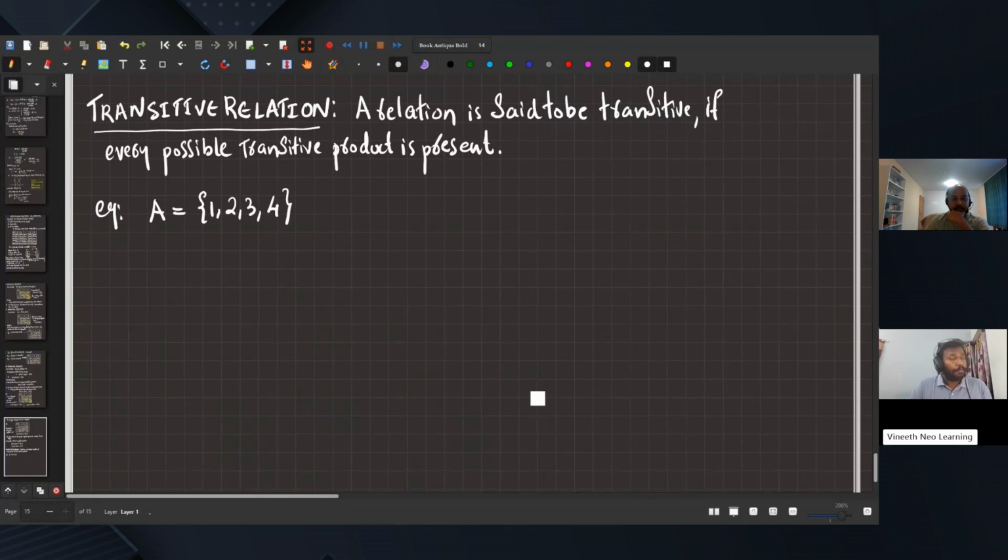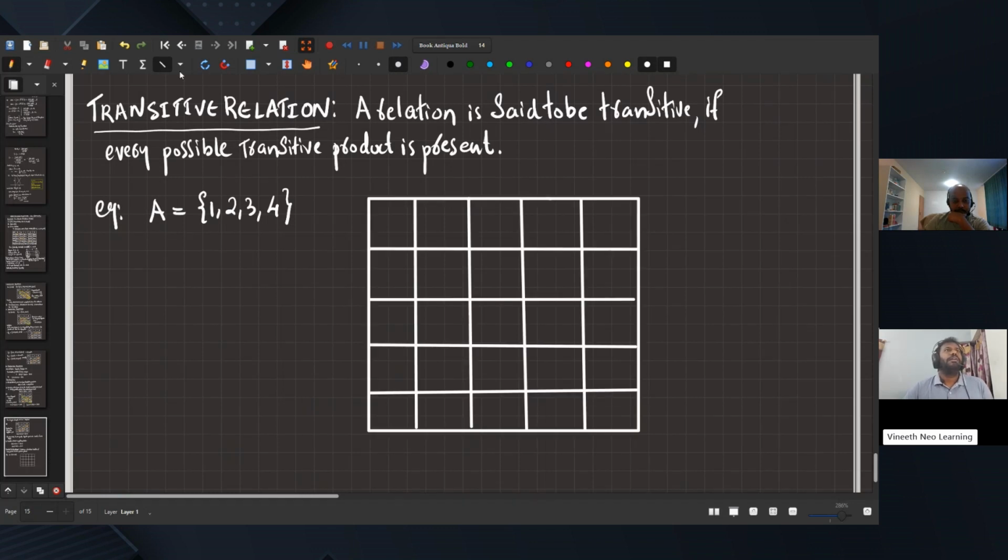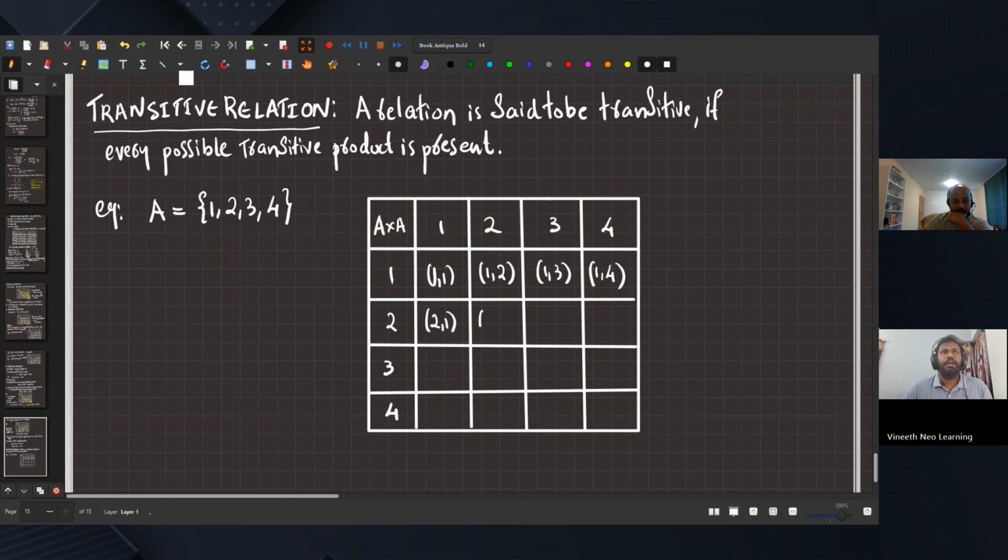Let's first find the Cartesian product A cross A. We have (1, 1), (1, 2), (1, 3), (1, 4), and we have (2, 1), (2, 2).